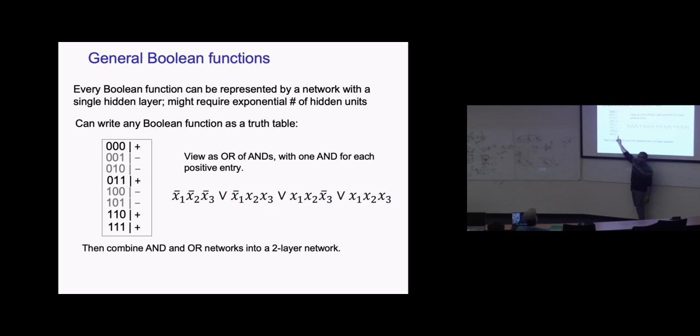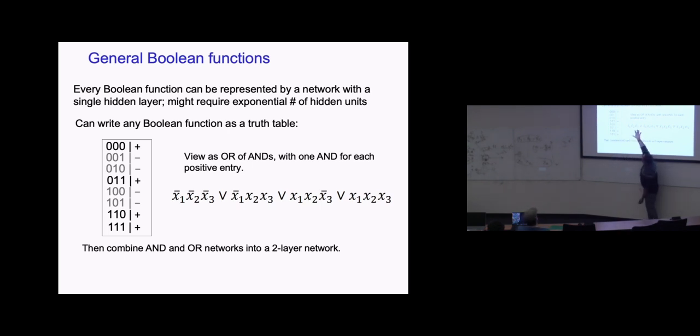And this truth table, you'll have some negative and positive values. For the positive ones, you can represent this function as an OR of these positive terms, and each positive term is essentially an AND of positive or negative.